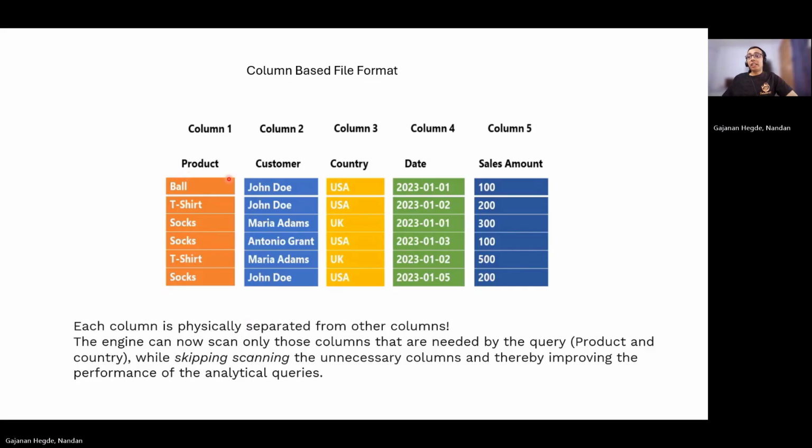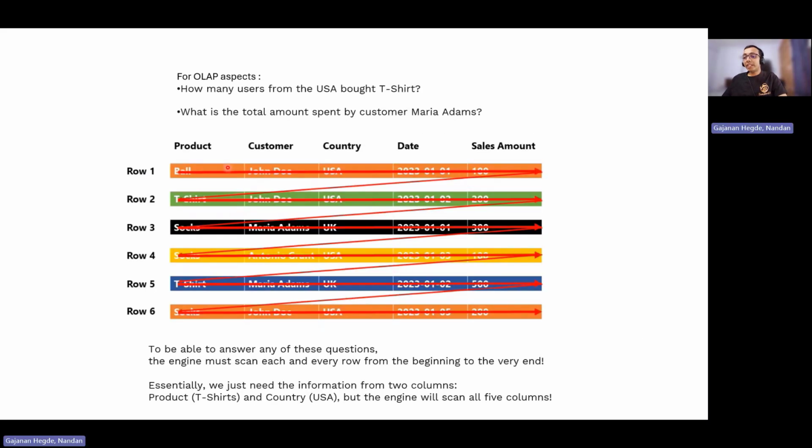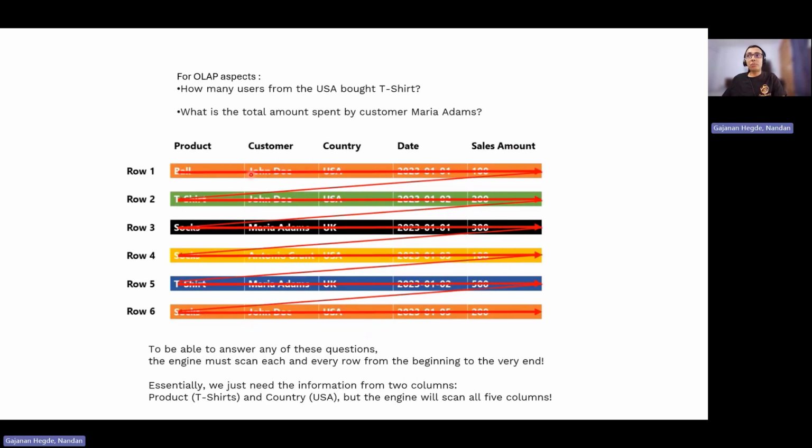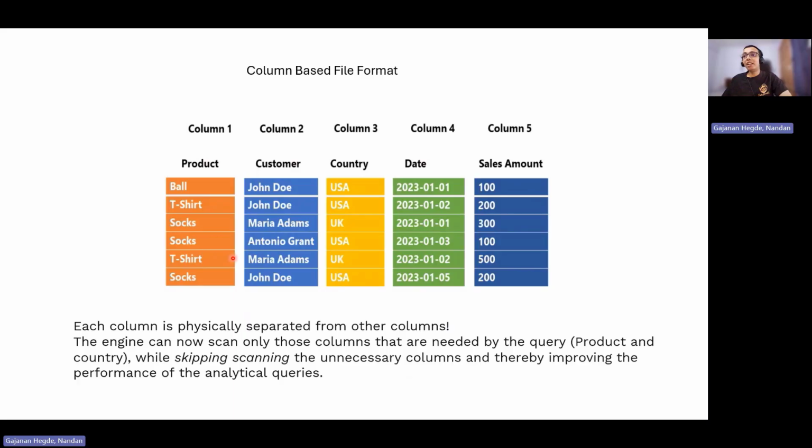The difference between row-based and column-based is that the columns are closely knit together in the row-based file format. But here, each column is physically separated from the other columns. So now the engine can scan only those columns that are needed by the query.